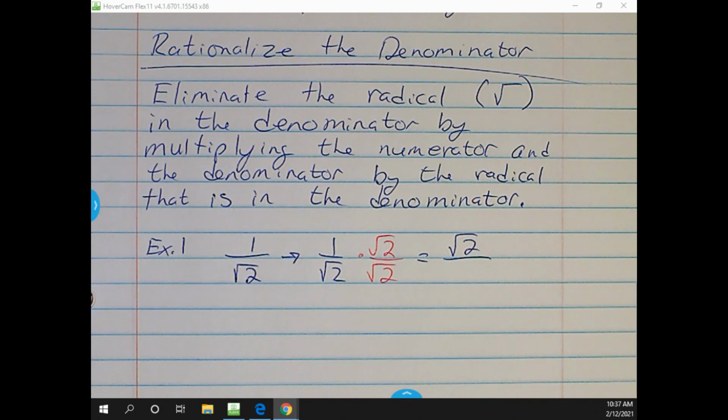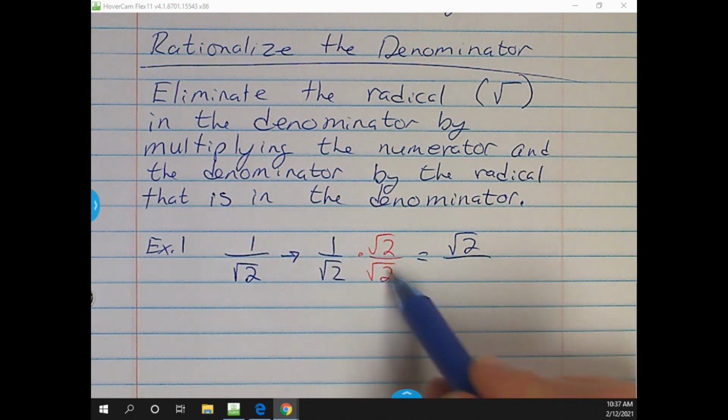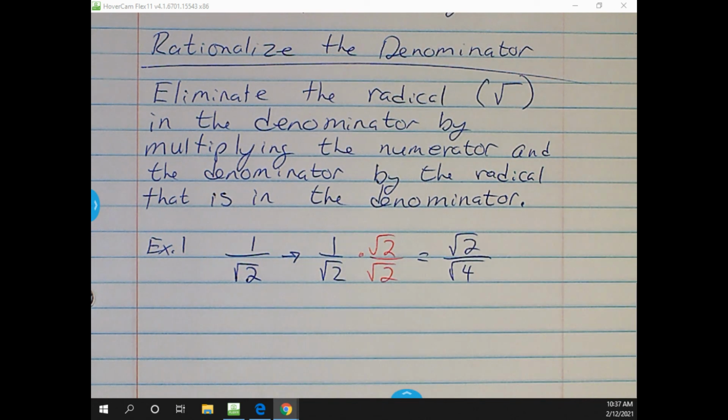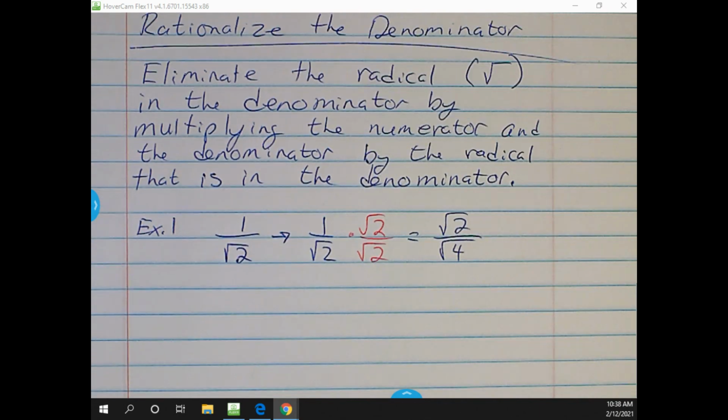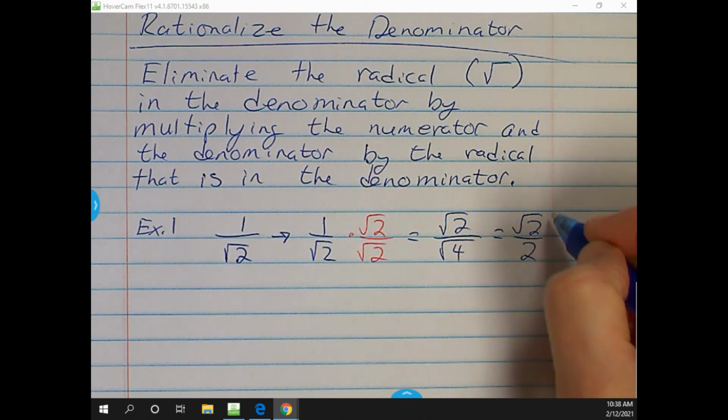If you're multiplying radicals together, you multiply what's on the inside. So square root of 2 times square root of 2 makes square root of 4. But what is square root of 4? That's just 2. So that becomes square root of 2 over 2.